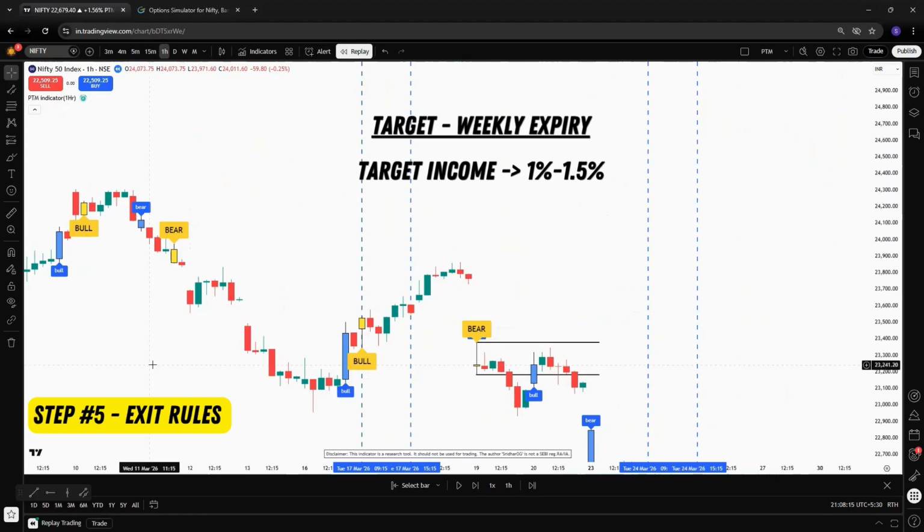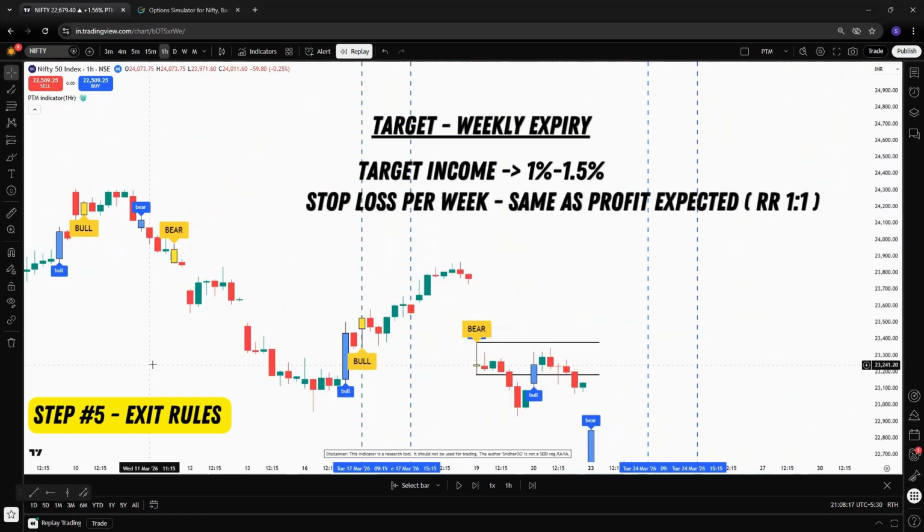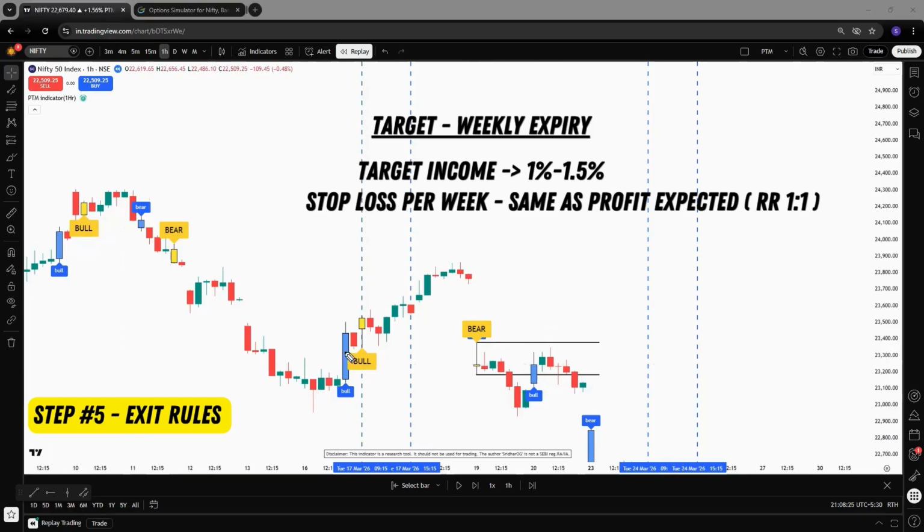Next exit rule: what is my stop loss for the week? Weekly stop loss. I'm not talking about the trading stop loss, I'm talking about the weekly stop loss, whenever you enter a strategy. Suppose I took an entry here, planning for the next week. At this point, you will see some profit in your demo account while practicing, for example around 4,000.